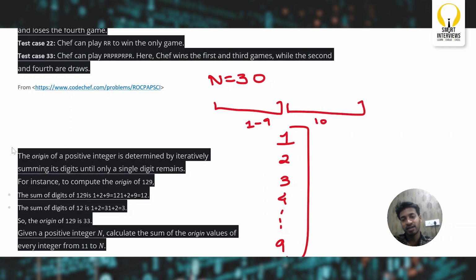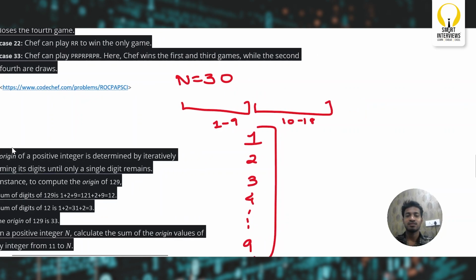From 10 to 18, one more perfect chunk, where the digit sums will be from 1 to 9 only. From 19 to 27, one more perfect chunk, and there will be a small chunk that is left, from 28 to 30.